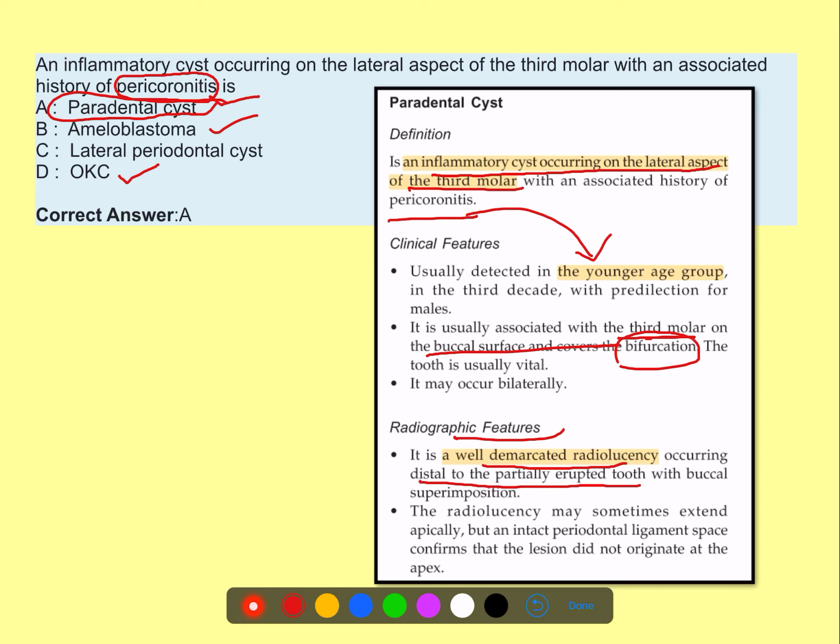These are the important points to be noted for the paradental cyst. But the more important thing is that there will be an intact periodontal space. It reveals that the lesion has not originated from the apex.